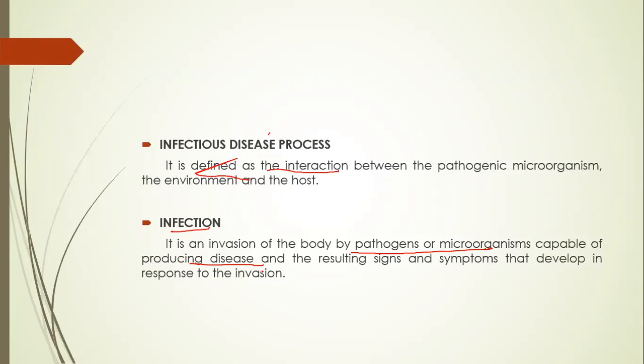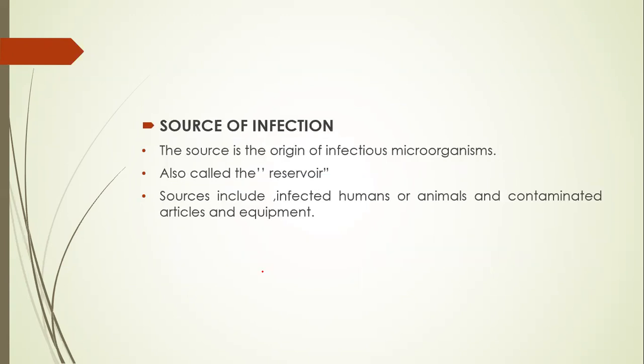These microorganisms have the capability to produce disease. After the invasion into one's body, they create certain signs and symptoms that may lead to a disease process. That is the definition of infection.